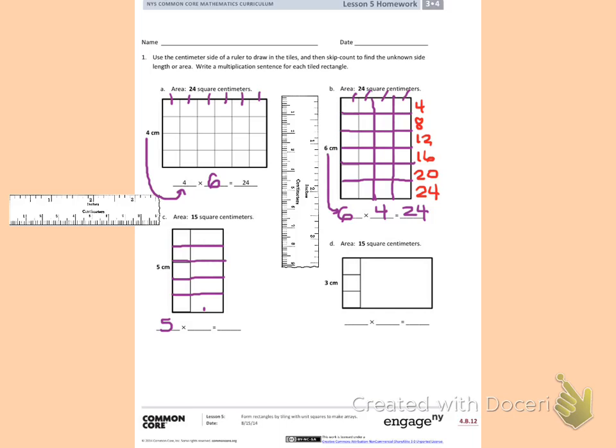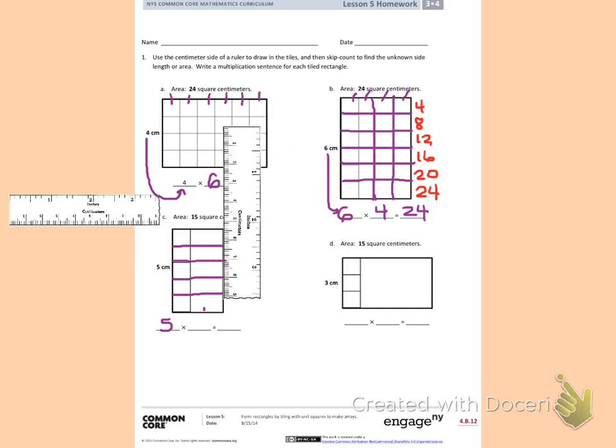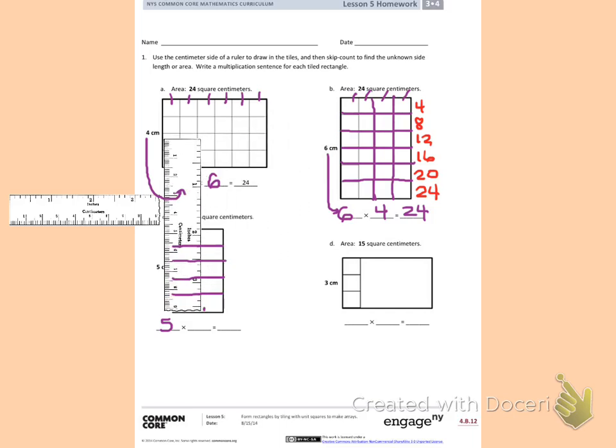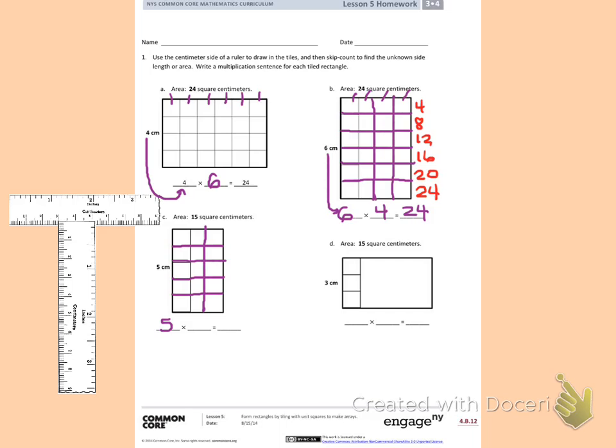Now I'll take this ruler and move it over here and draw my vertical line where my hash mark is. All right, again, my lines aren't perfect, but you have the idea.